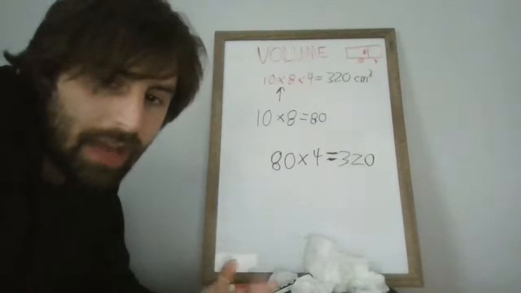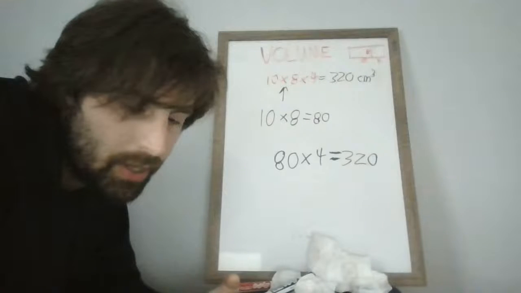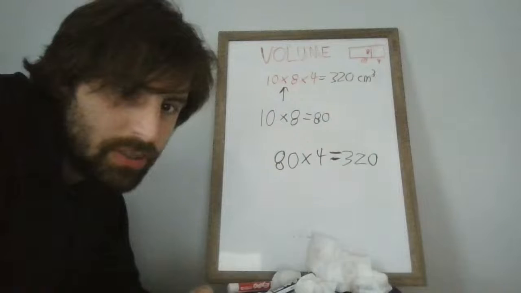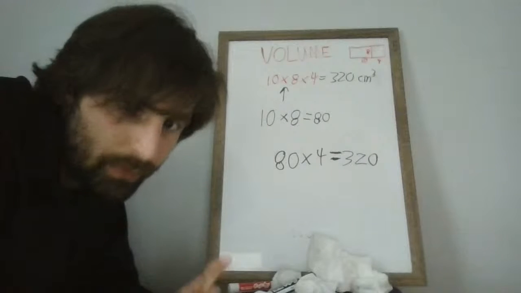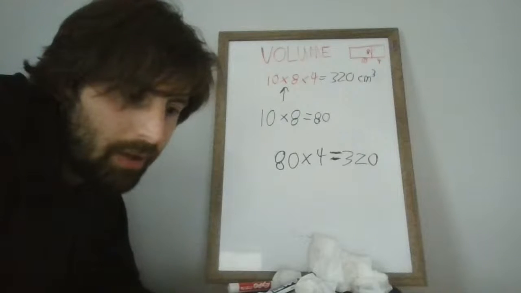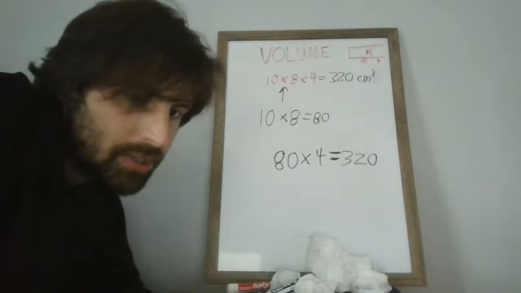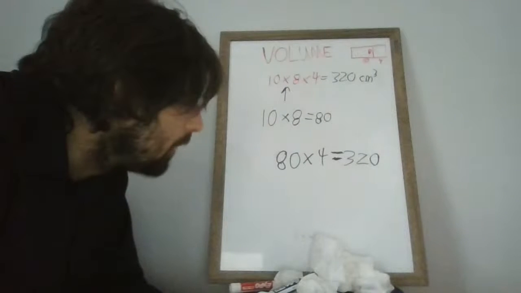Now, if you're not fluent in the art of skip counting, I do have a previous video. I have another video that involves drawing pictures to solve the multiplication problem and repeated addition. My previous video, the first video in the October Lives playlist, shows how to solve for volume using repeated addition and using pictures to solve the multiplication involved.